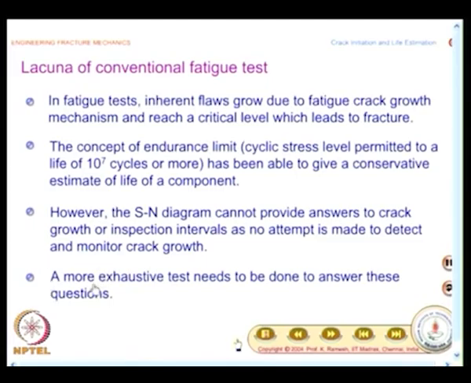In order to get such information, more exhaustive test methods need to be done to answer these questions. And what is the kind of test people have attempted?